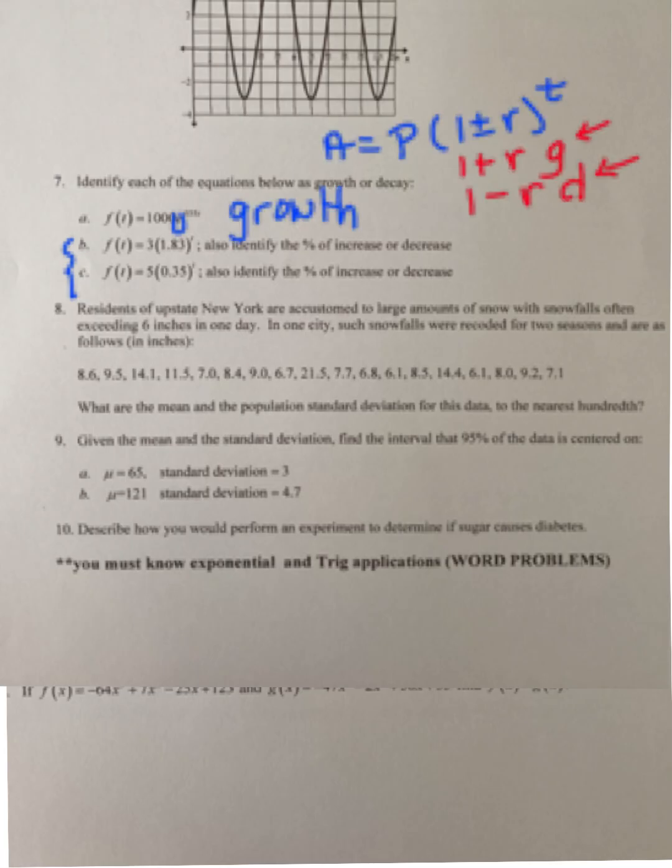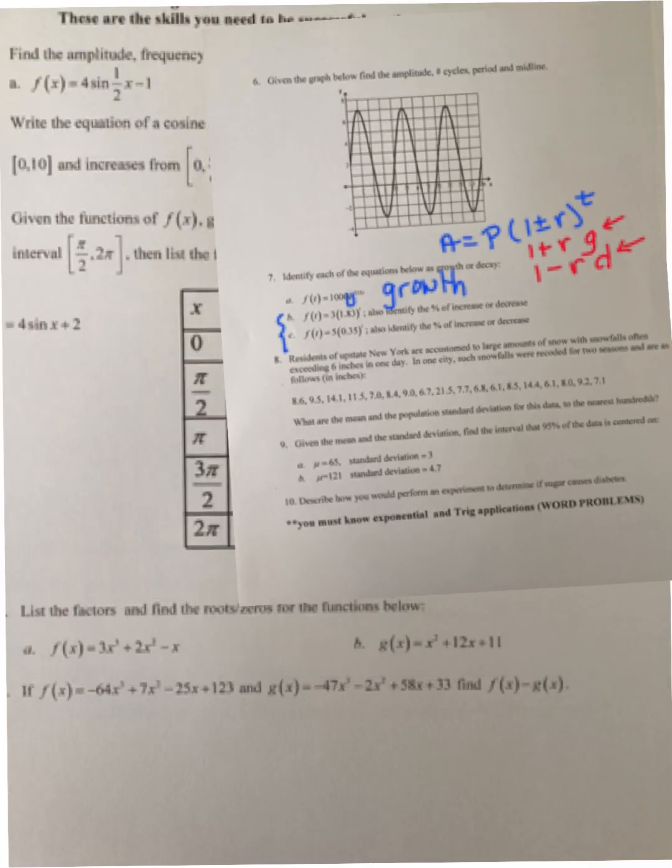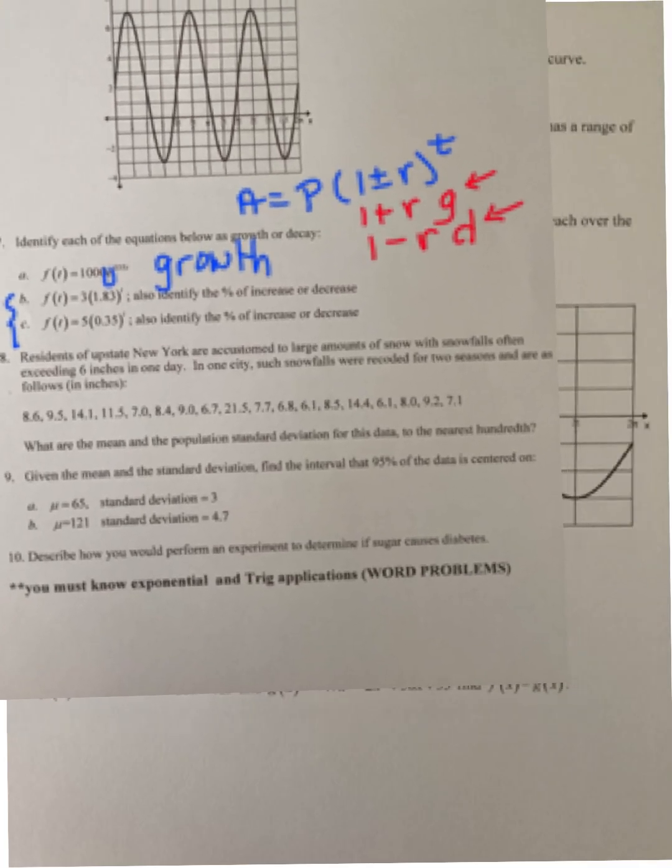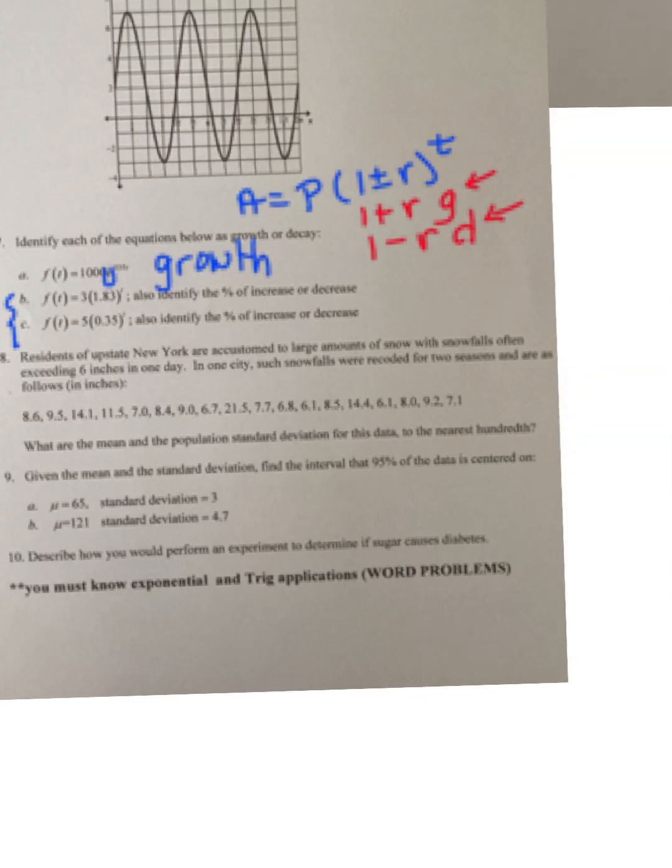Now, for b and c, I also want you to identify the percent of increase or decrease. All right, so number 7 here. Just going to write this down over here on the side. 7b.